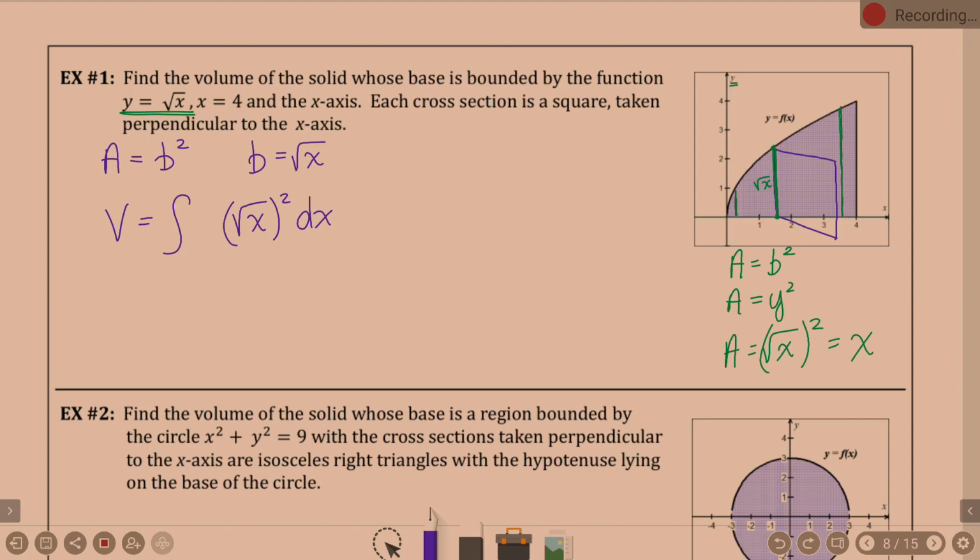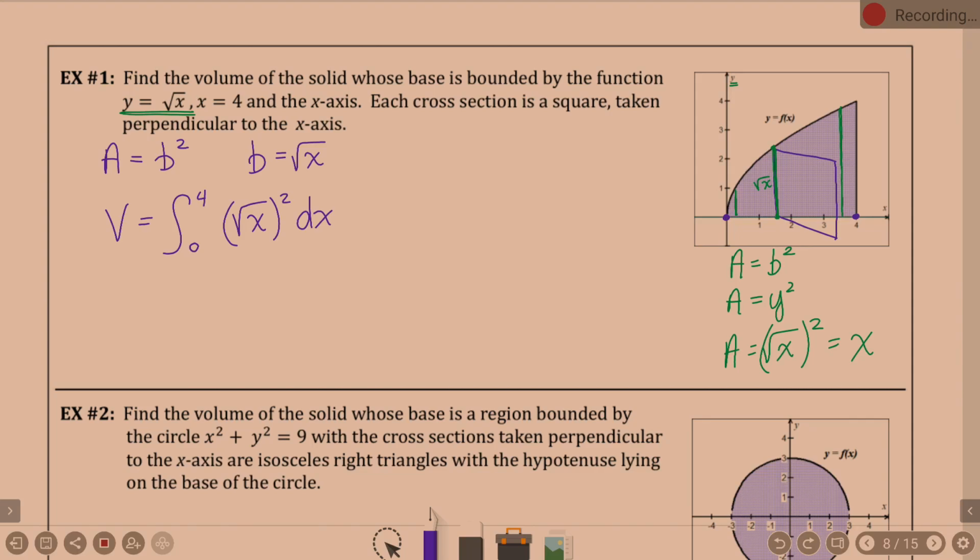Each rectangle is represented with a width of dx. Can we go ahead and clean that up? Yes, you can go ahead and clean up right now if you want, because we did do it over here, but I just want you to make sure you know where that x randomly comes from. What are my bounds? 0 to 4. We're going from 0 to 4 on the x-axis.